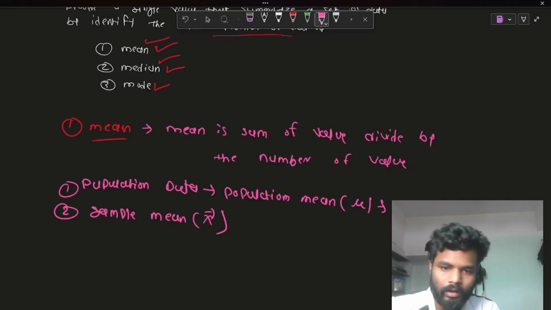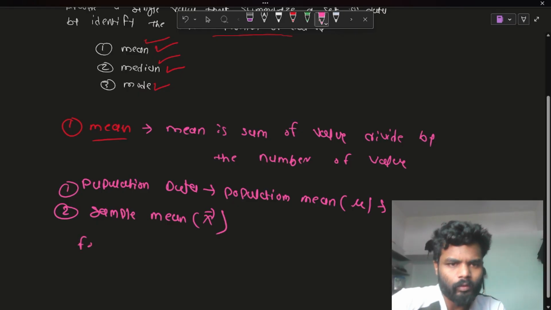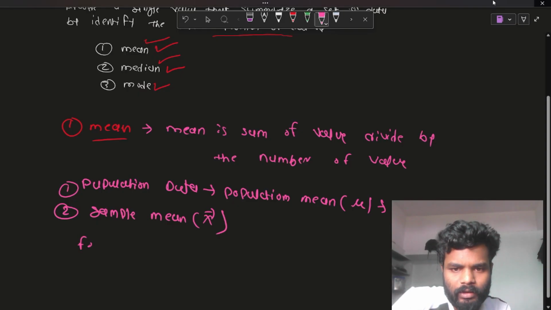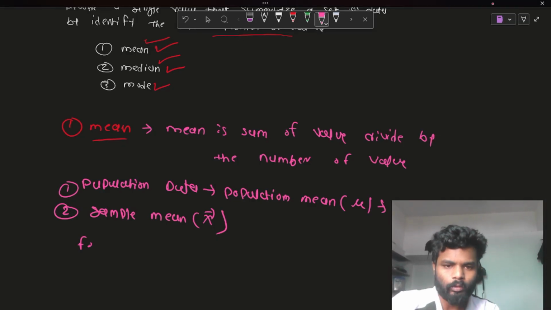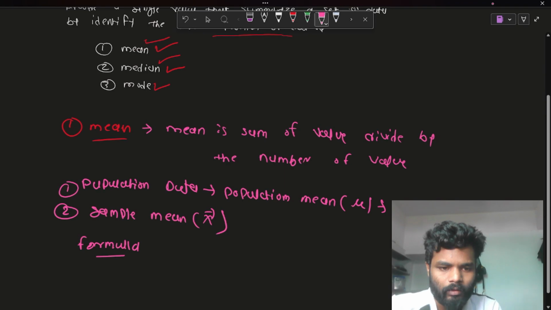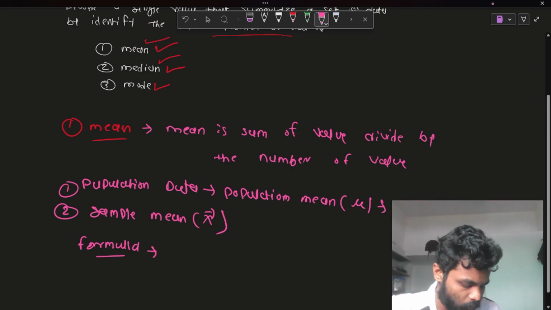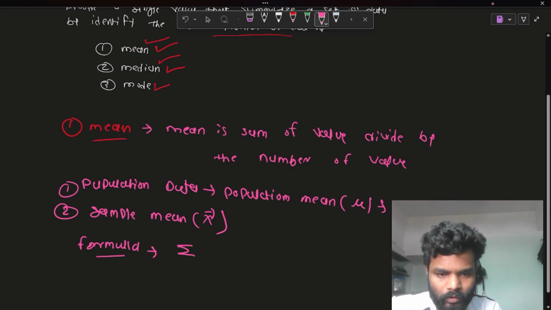When we talk about the formula for calculating the mean, the formula is simple. For the mean, summation of x_i for i equal to 1 to n, divided by n.